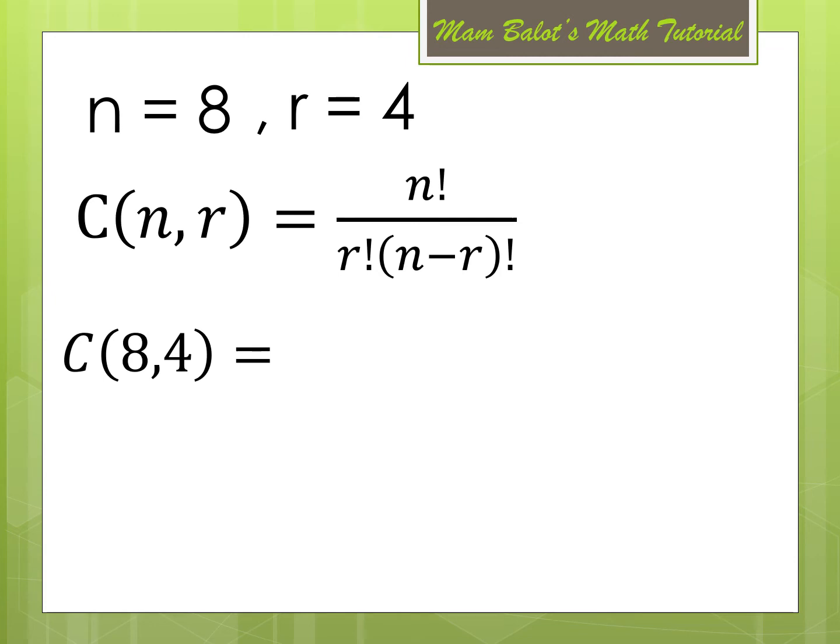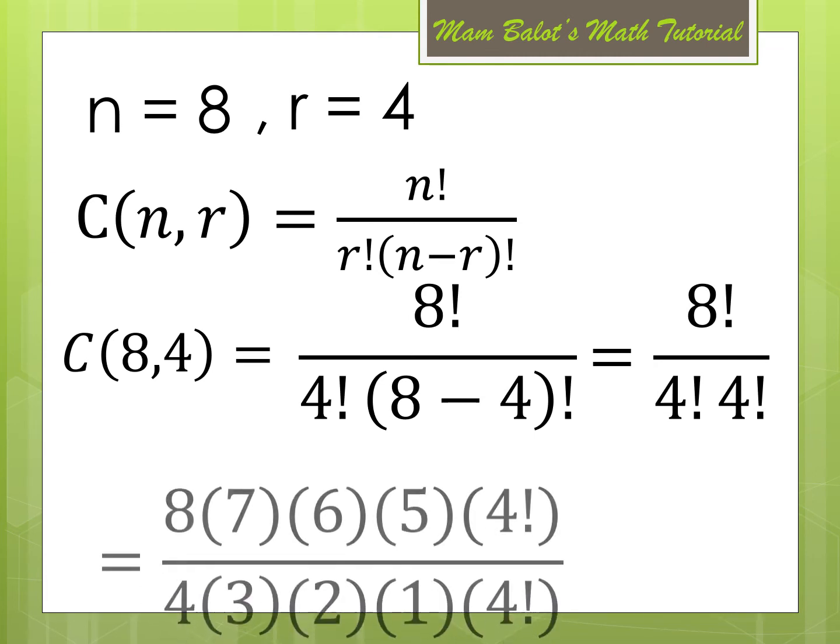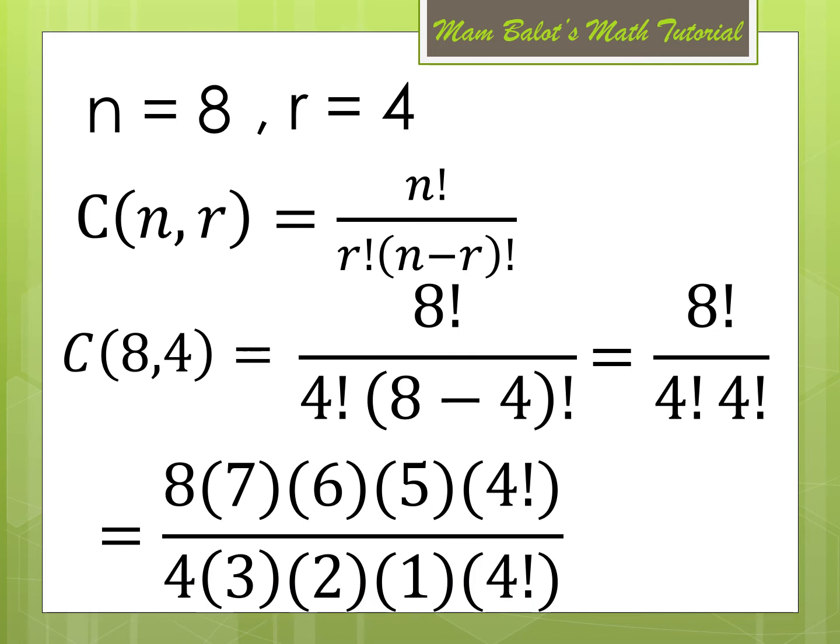So we have combination of 8 taken 4 is equal to 8 factorial divided by 4 factorial times 8 minus 4 factorial. Subtracting 8 minus 4, we've got 4 factorial. Then expanding the factorials, we have now 8 times 7 times 6 times 5 up until only 4 factorial. In the denominator, the other 4 factorial is expanded and the other one remains, so that we can cancel out the 4 factorial in the numerator.